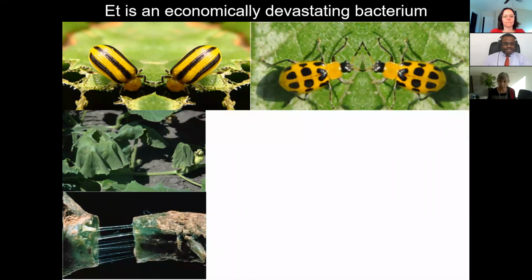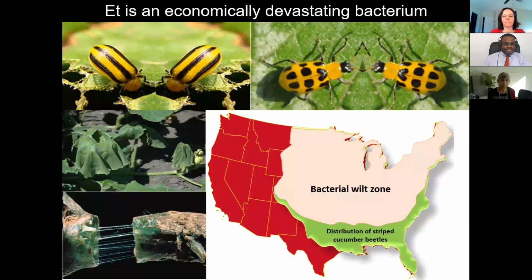This disease is endemic in the eastern half of the United States, where losses can exceed 80% on cucumbers and melons, with a potential annual loss of more than $20 million.